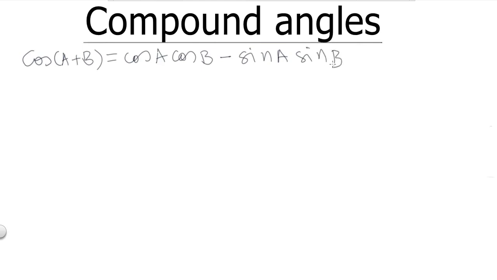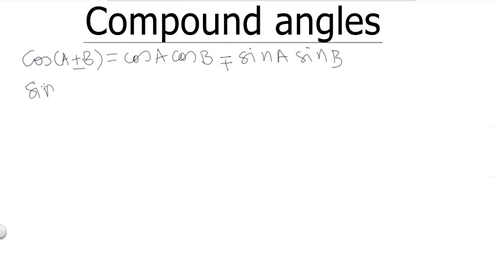Remember the first one, where you have cos(A plus B), you have cos A cos B, then minus sin A sin B. But if you have cos of A minus B, then here should be plus. You put plus there.